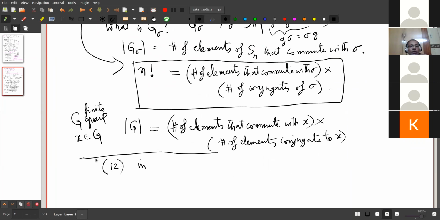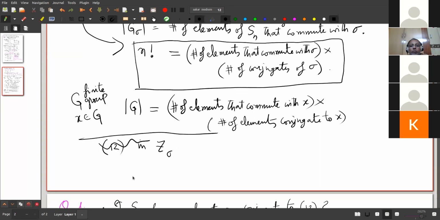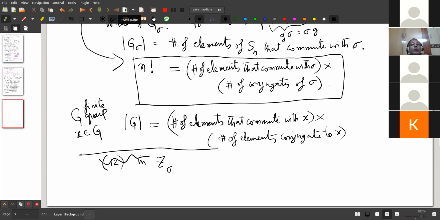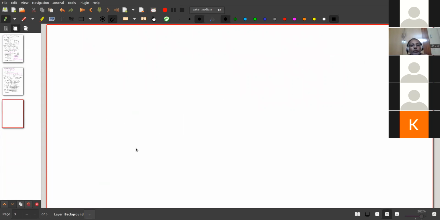Let's call the centralizer Z sigma. So in general, if you take any sigma, suppose you take an m-cycle in S_n. Let's say a 4-cycle in S_n.